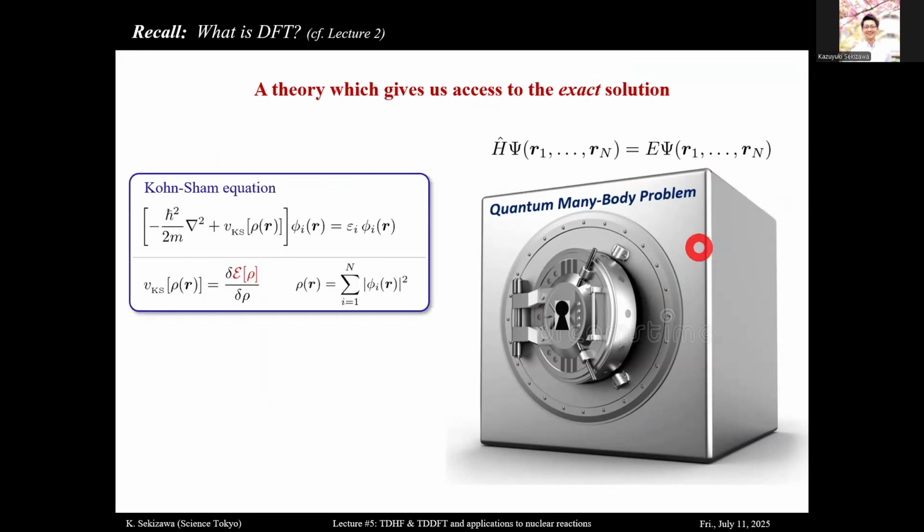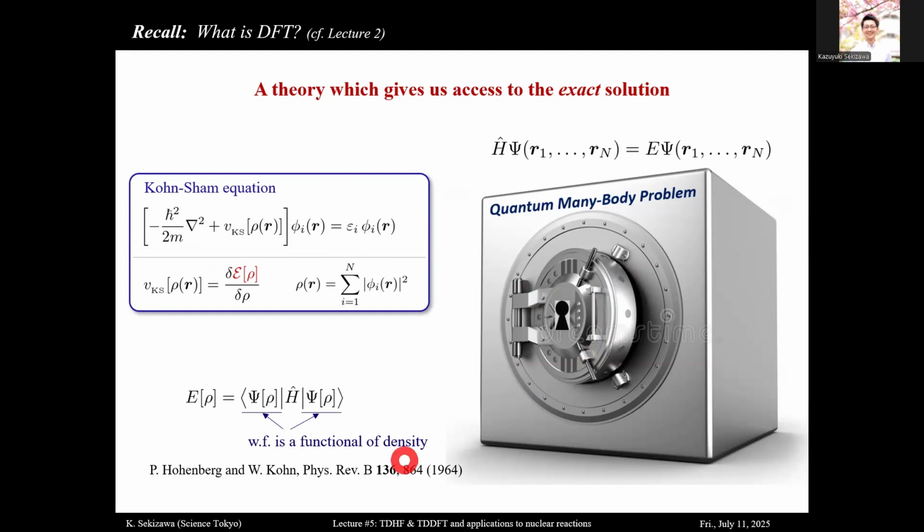So what we'd like to do is to open this box to get the solution. But in practice, it is impossible. But in the case of density functional theory, DFT, what we solve is this Kohn-Sham equation. It looks very similar to the Hartree-Fock equation with a local self-consistent mean field potential.